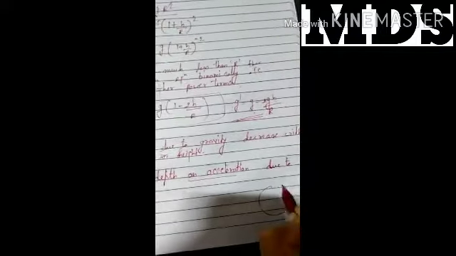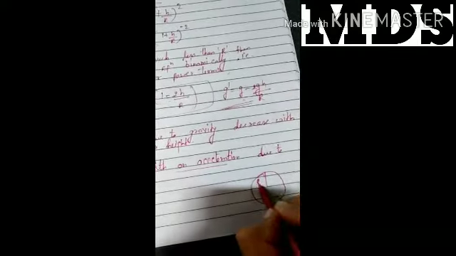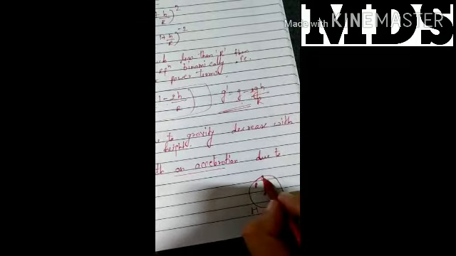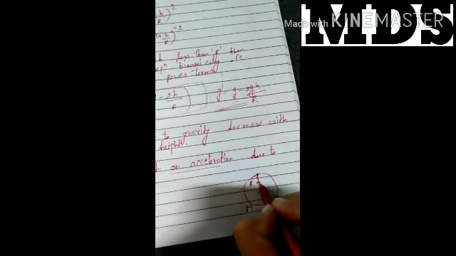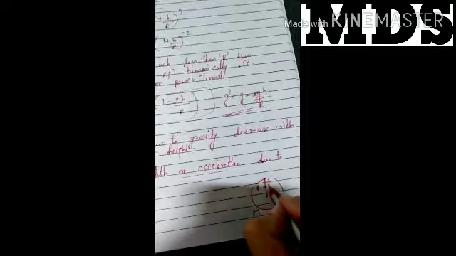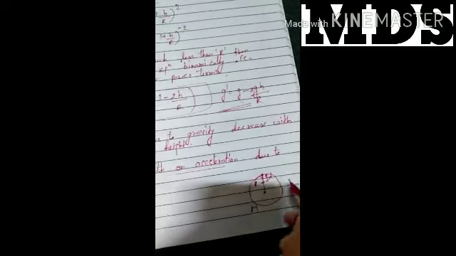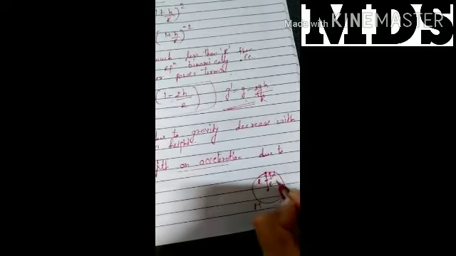As we go inside the surface of the earth, what will be the effect on the acceleration due to gravity? This we will find. This is our earth, whose radius is R, and M is the mass of our earth. As we go inside the surface, up to this point, and this is the depth d we have taken, then the remaining distance we can write as R minus d.